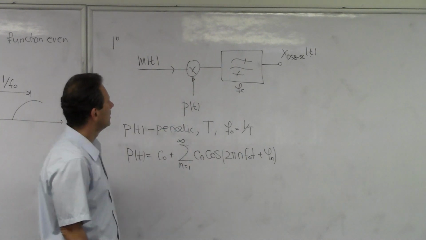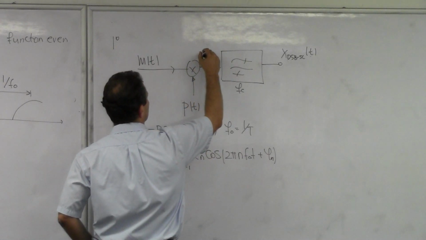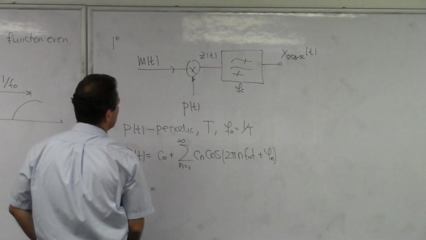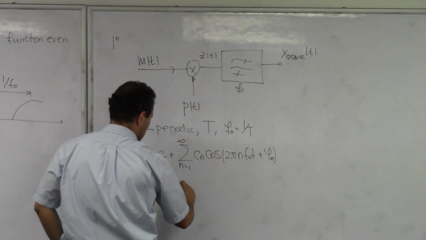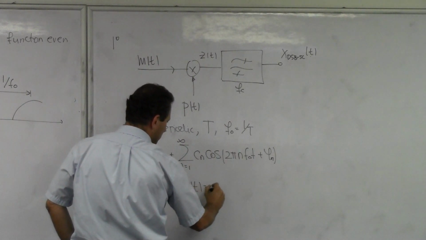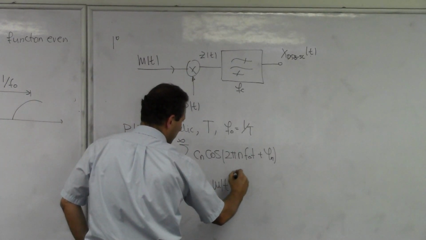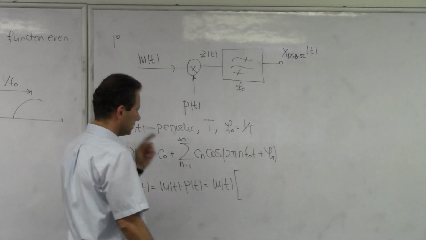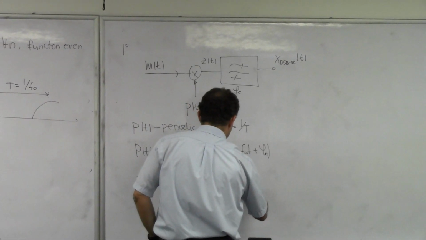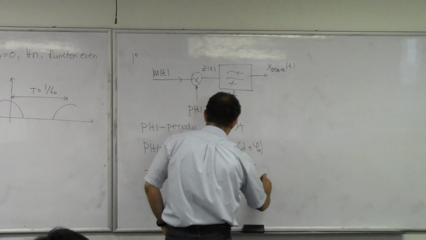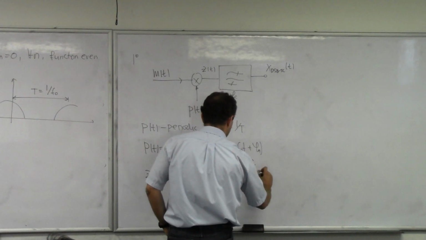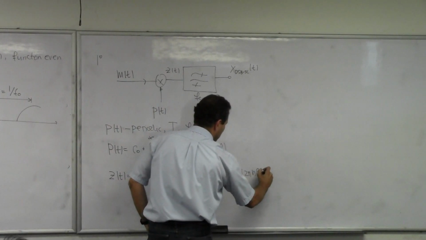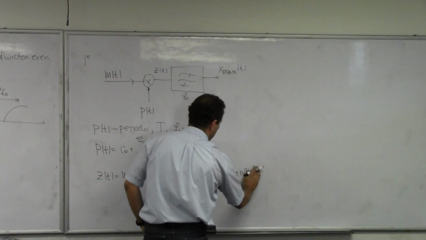So let me then multiply these two and call this signal z of t. Well, z of t is going to be equal to m of t times p of t. Instead of p of t, I can put its Fourier series representation: C0 plus the sum, n goes from 1 through infinity, of Cn cosine 2 pi n f0 t plus theta n.